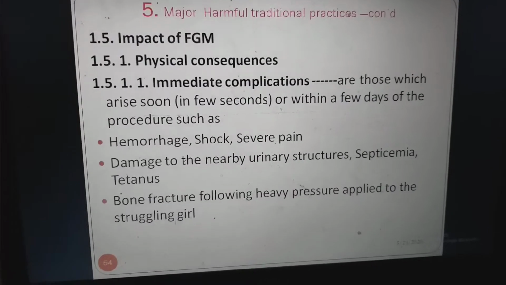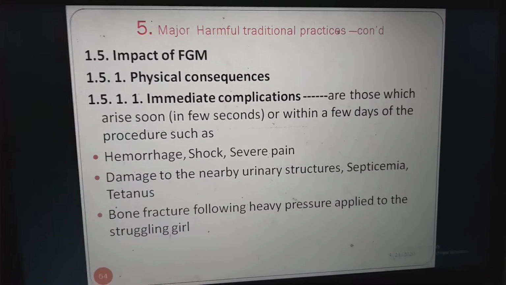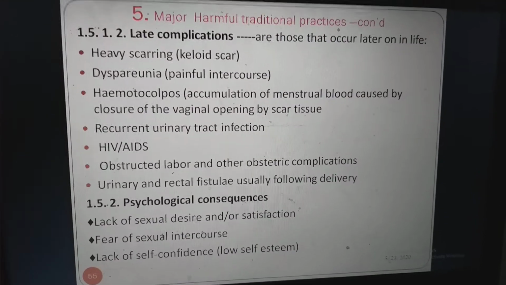If she is not allowing them, she is struggling, so bones may be fractured. These are the immediate physical consequences.